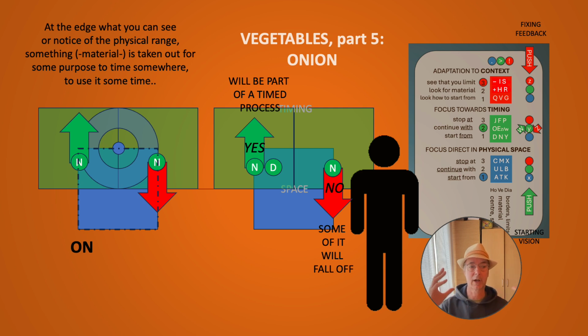So we have our space in which we will focus, the environmental space in which we will take out something of material, to which we give a purpose to time it somewhere, so that we can use it sometime at a certain point. Those are the associations that we can have very easily with the word ON.